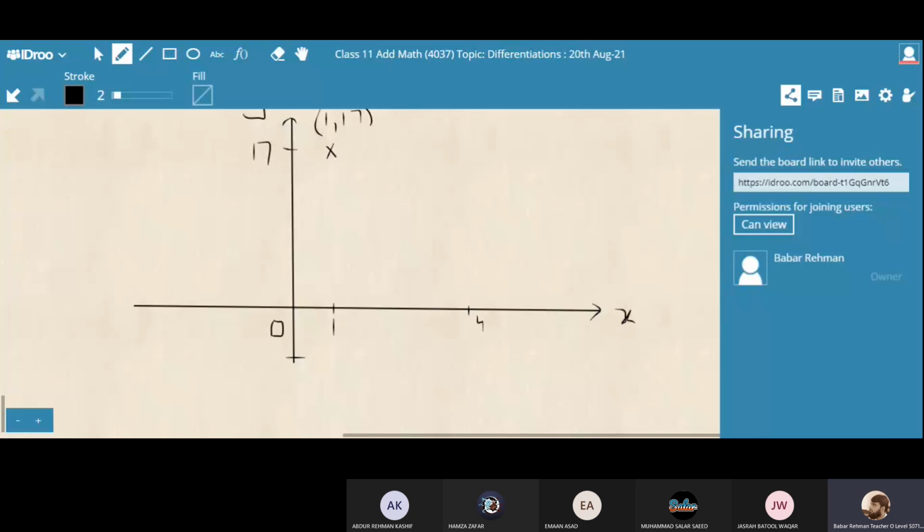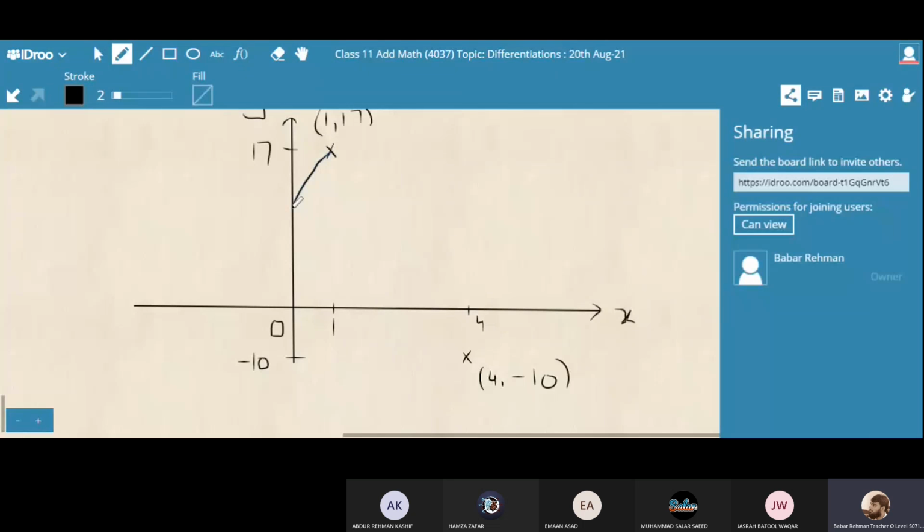Yes, Salar. Okay, now you tell me what is the second turning point? 4 comma minus 10. So this is negative 10. So student, our graph would be like this. This is the maximum point. So what we do?